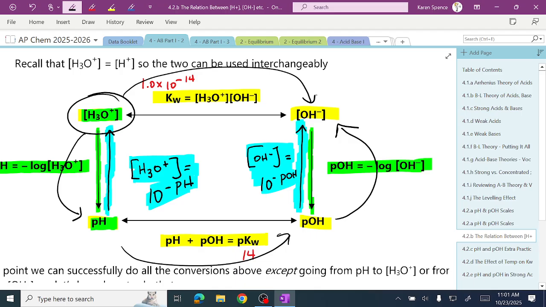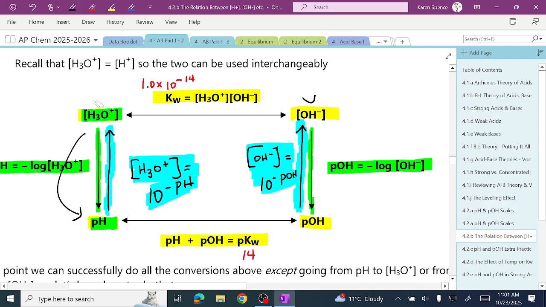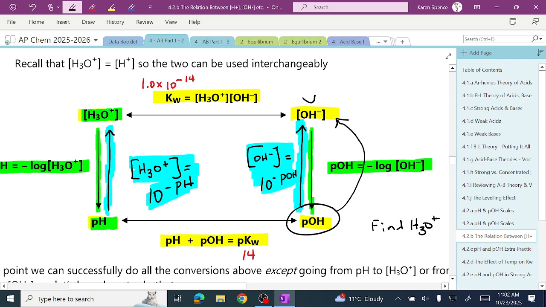If you are given a pOH and you want to find H3O plus, you could take pOH and go to hydroxide, and then you could go to hydronium. Yeah?